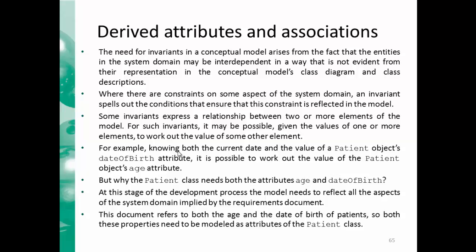For example, if we know the date of birth of a patient in the hospital system, then we can work out the value of the patient's age attribute. By this we say that we can derive the age attribute from the date of birth attribute.